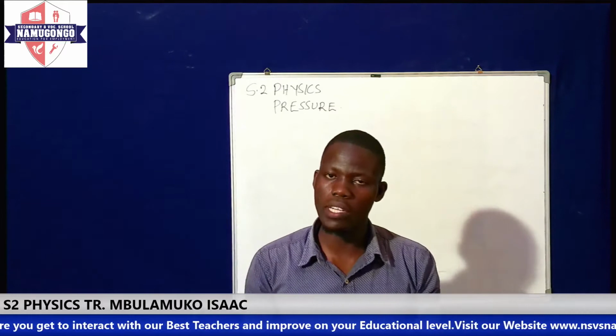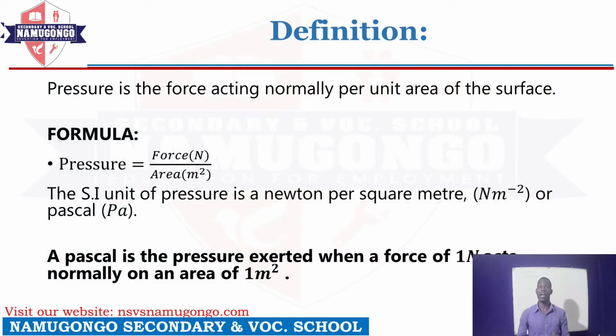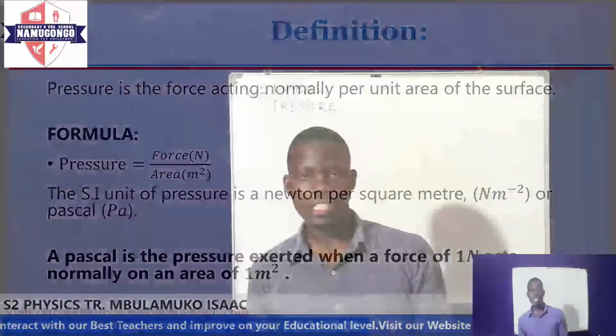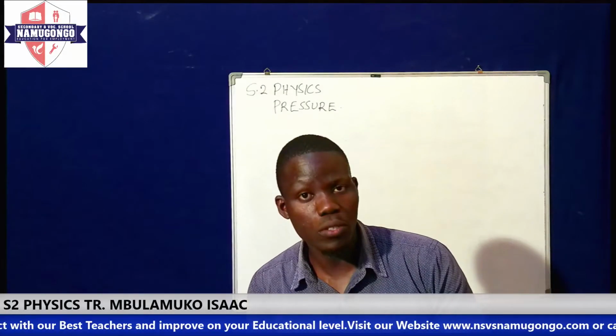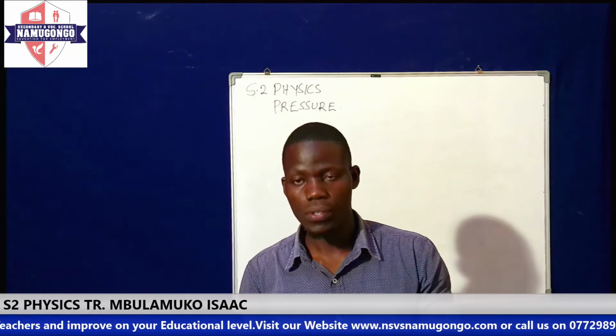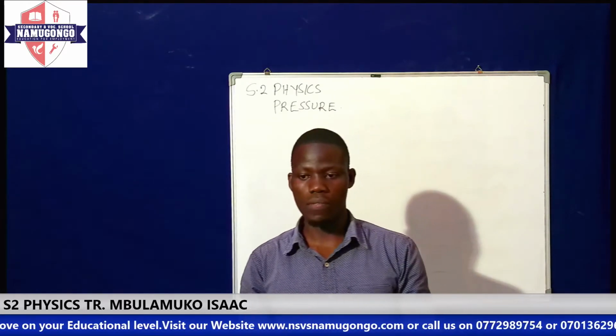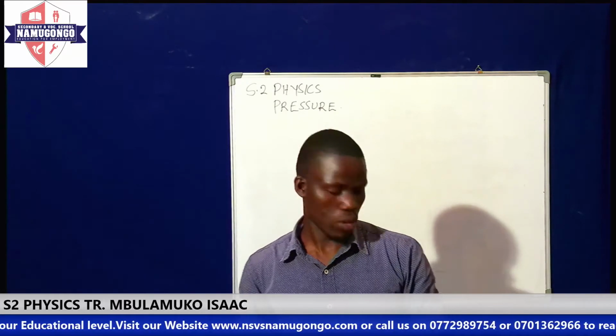So in simple terms, we can say pressure is the force acting or exerted normally on a given unit area of surface. It is quite simple. The English there will change a little bit, but the core things are we have force, then the point normally, and the unit area of the surface. So that is our definition of pressure.